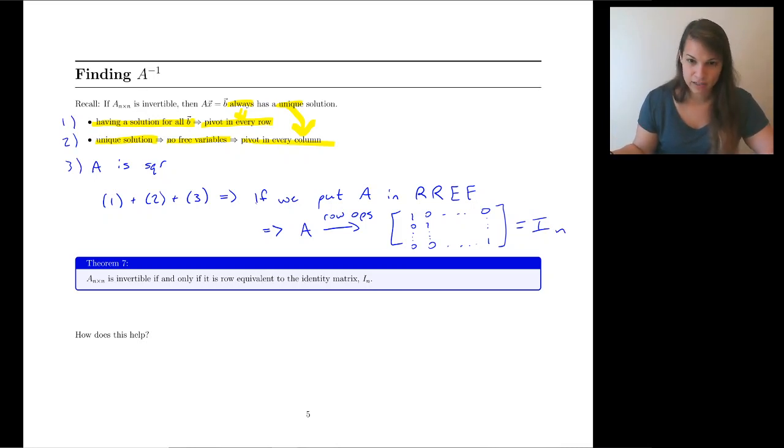So Theorem 7: A is invertible if and only if it's row equivalent to the identity matrix I.